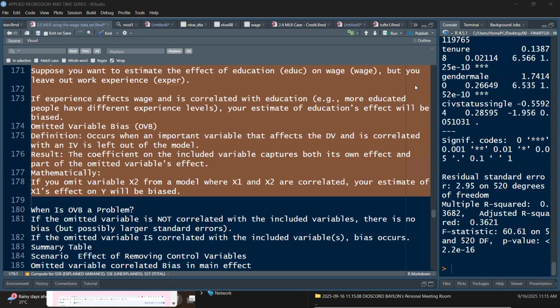I'll remove this. Sample here, Control X. Okay.